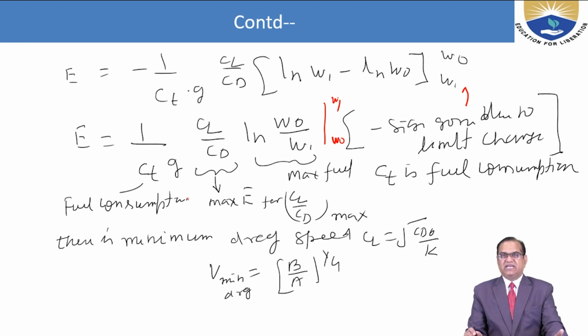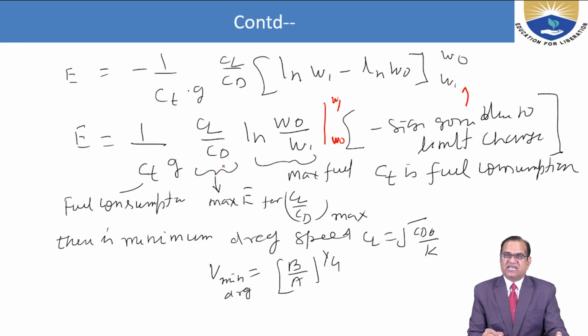Now if you see, this equation is the endurance equation, but there is a very important physics behind this. Your endurance is a combination of all the streams of aeronautics. Ct is the specific fuel consumption, which is related to the propulsion of the aircraft.